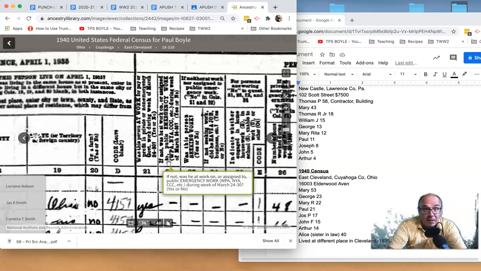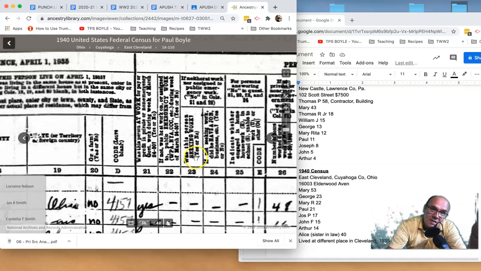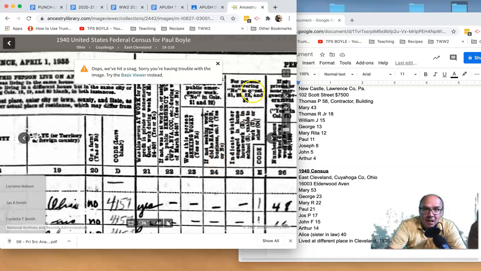So this is working for like the New Deal programs. If neither work nor assigned to public emergency work, was this person seeking work? Were they looking for a job? If not seeking work, did they have a job? And then if you answered no, was the person engaged in housework or school or something like that?